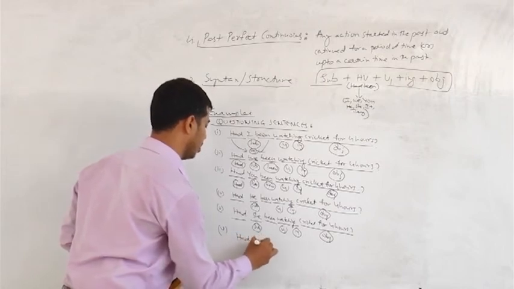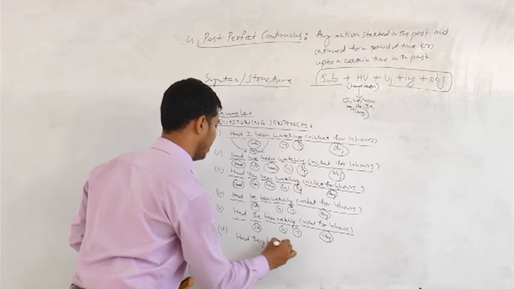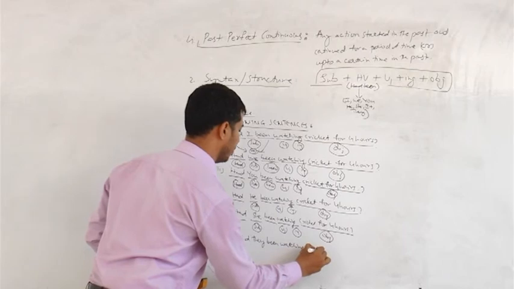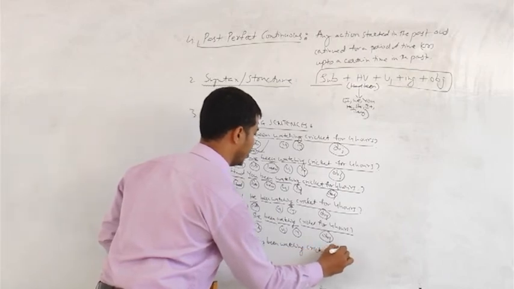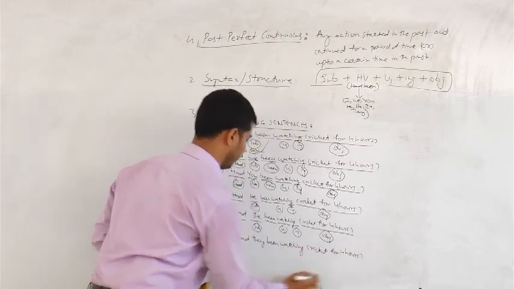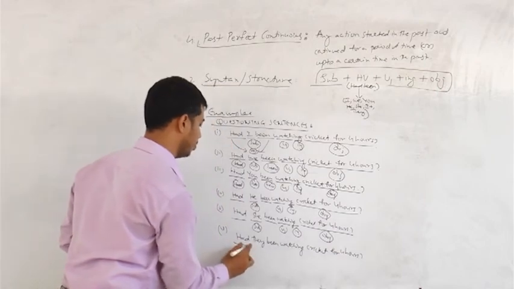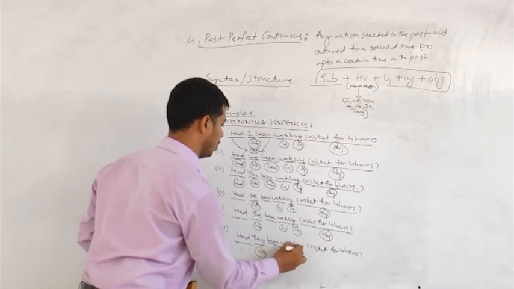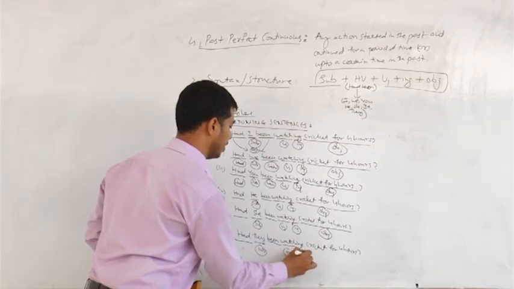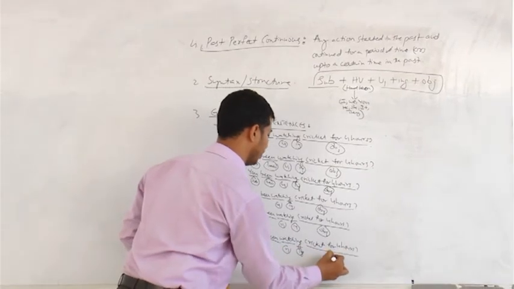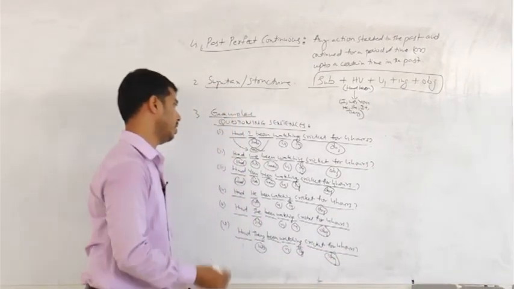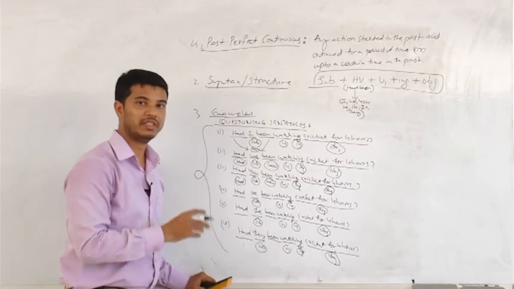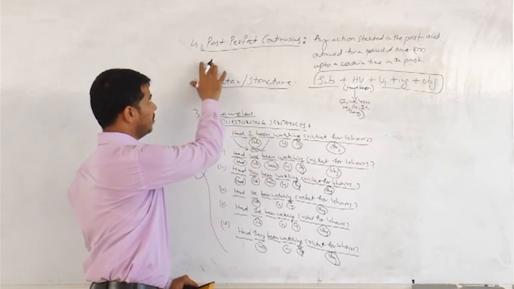Had they been watching cricket for 4 hours? Had is put in as usual, had and been are the helping verbs. They is the subject here. Watch is V1, ing is ing. Cricket for 4 hours, we will label this one as object, right? So all these are question sentences under past perfect continuous.